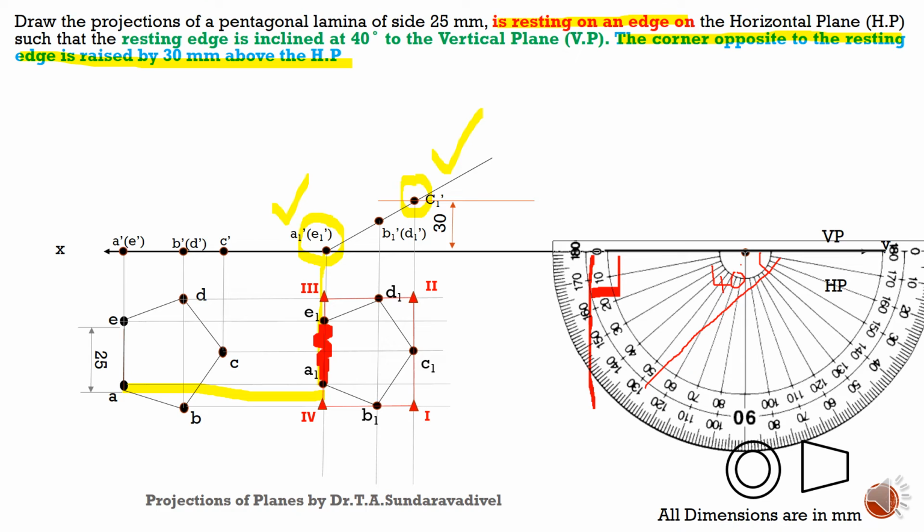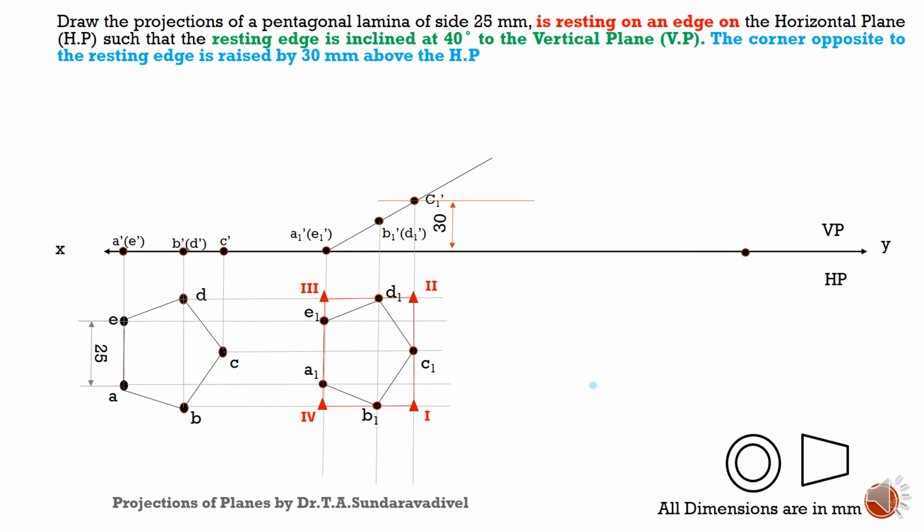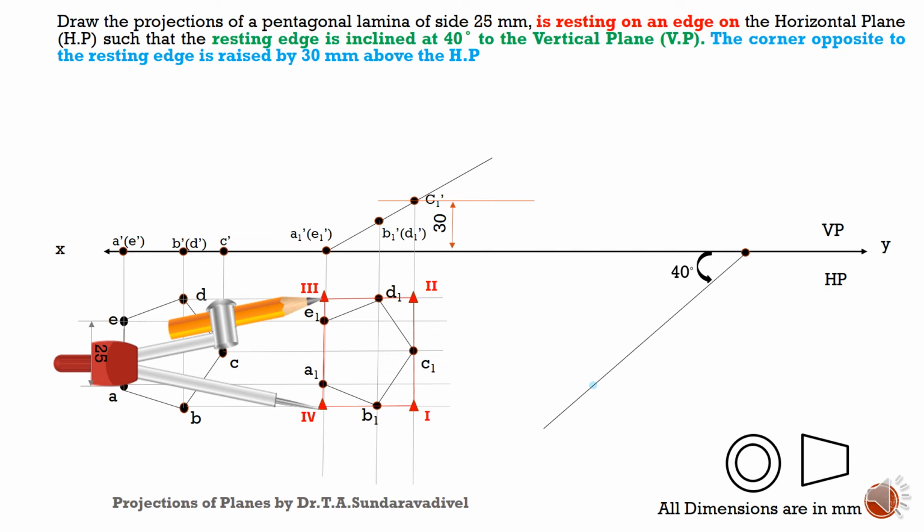Then arbitrarily take a point, keep the protractor, and take 40 degrees. Here we can see that at 40 degrees we got a point. Then join that base point and this 40-degree line. So you will get a 40-degree line. Then transfer this box to the 40-degree line.